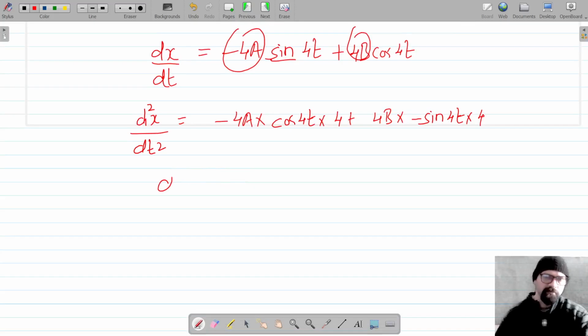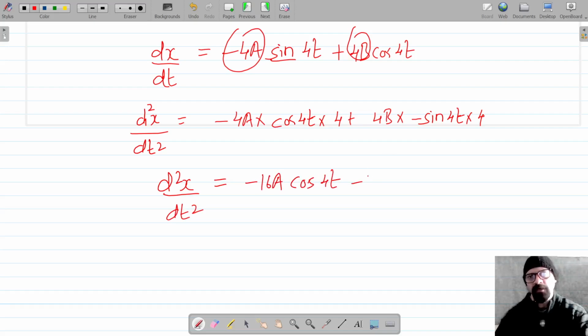So d square x by dt square is equal to negative 16a cos of 4t minus 16b sine of 4t.